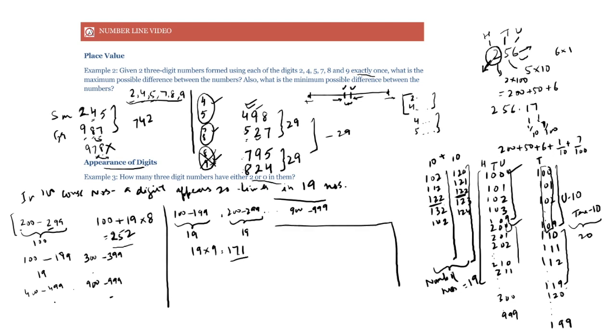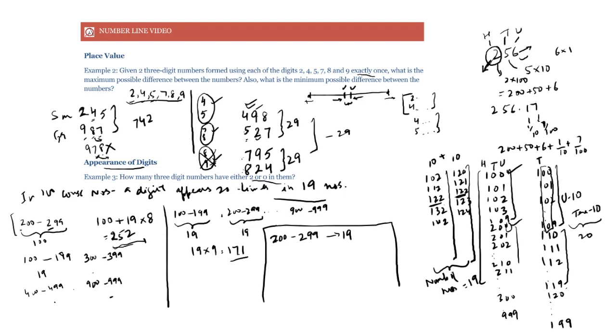First of all, the 19 numbers lying in the range from 200 to 299, which have a 0 in them as well, have been double counted. We know that, right? Because they already have a 2 in the hundreds place. We have already counted them in 252, so we should not count them over here. So we need to remove these numbers because we have double counted them.